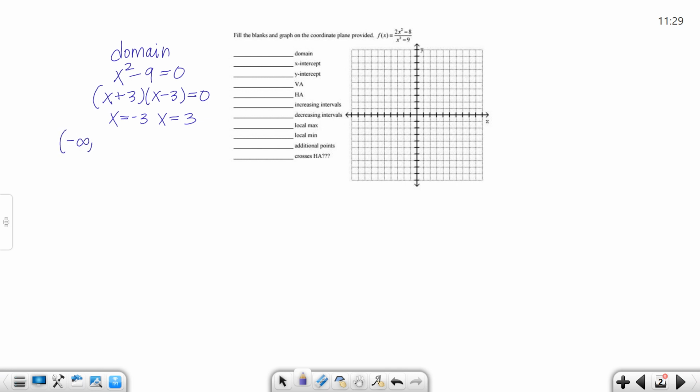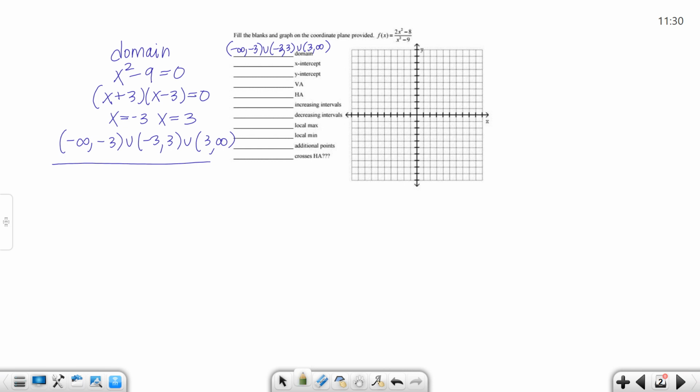So my domain would be negative infinity to negative 3, union negative 3 to 3, union 3 to infinity. Okay, so that's your first step.